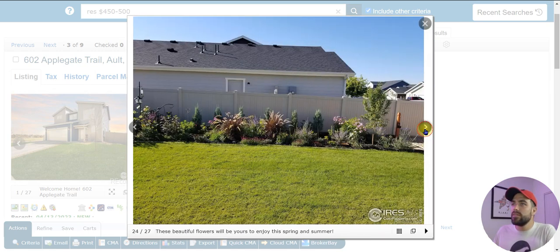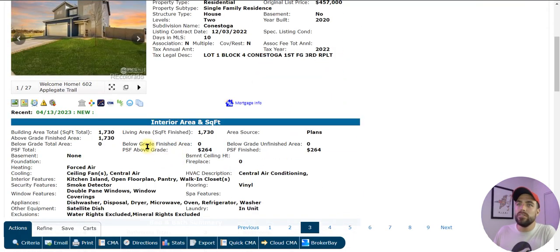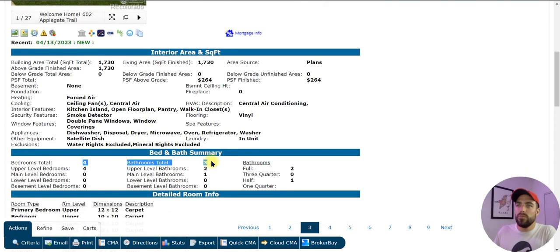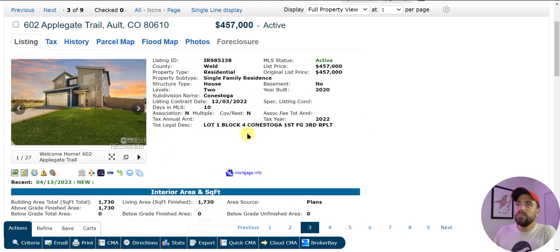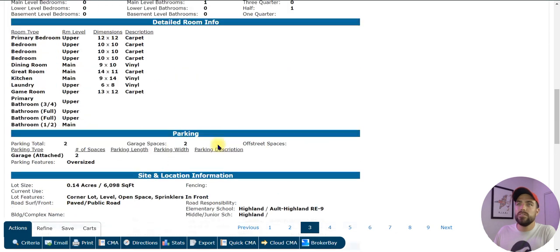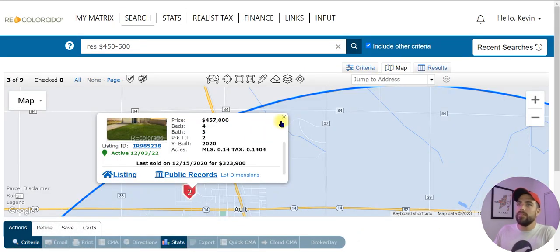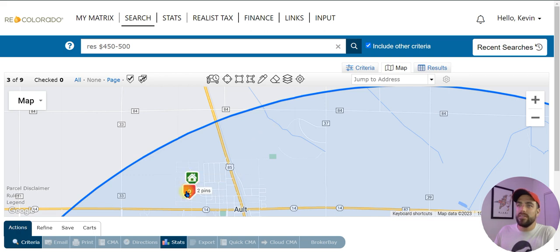Okay, so I don't think it has a basement though. Again, doesn't seem like they're building those in Alt. 2,000 square feet, but 4-bed, 3-bath, so smaller, but it does have the similar layout as yours, with the 4 beds, 3 baths.